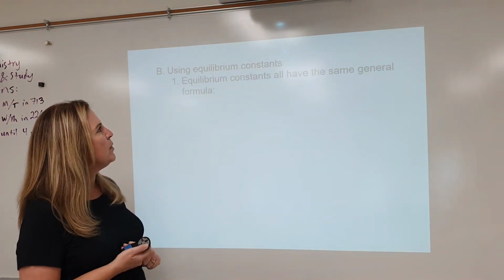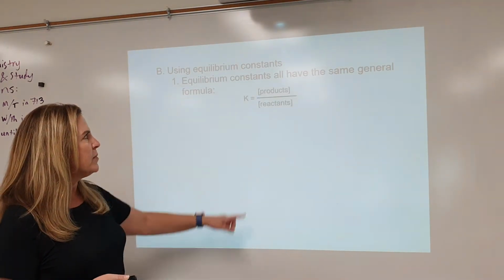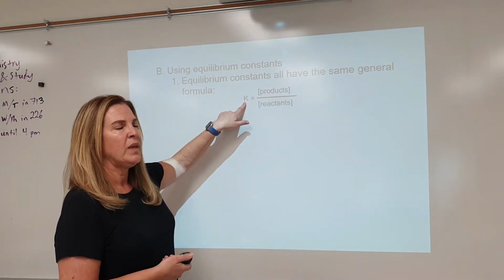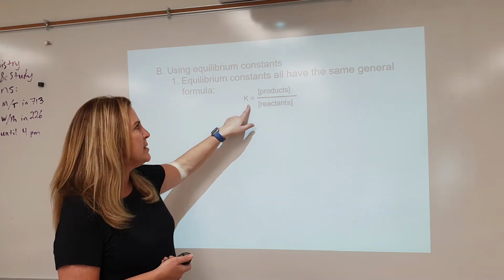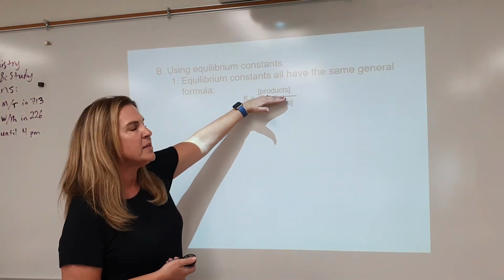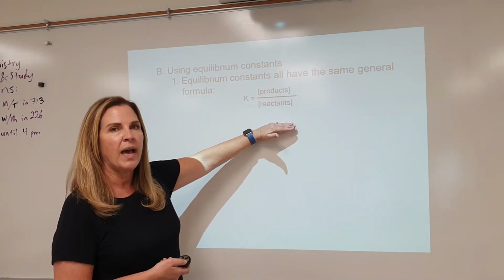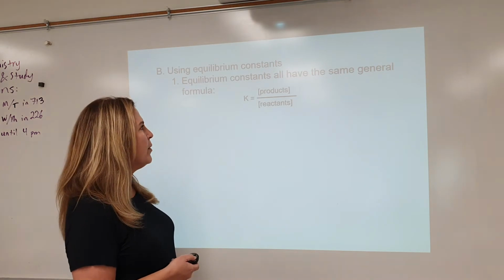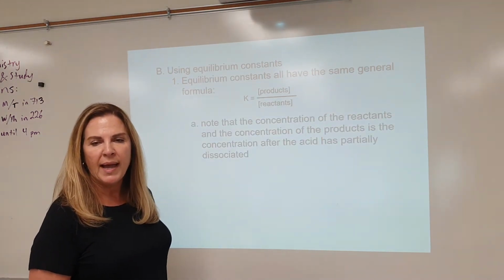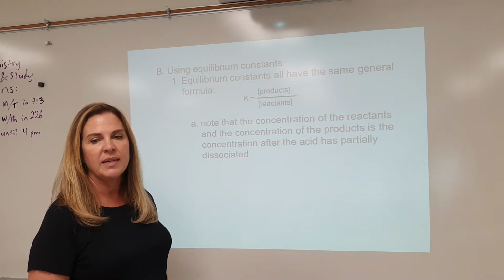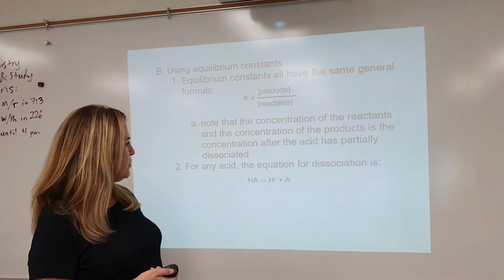So, using an equilibrium constant. Equilibrium constants have the same general formula. And what is the formula? We use a large letter K to represent our equilibrium constant. And it is the products, with brackets around them, so we would read this as the concentration of the products divided by the concentration of our reactants. Note that the concentration of the reactants and the concentration of the products is the concentration after the acid has partially dissociated.